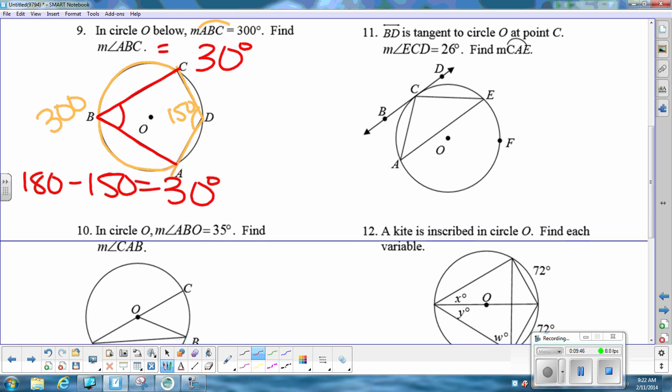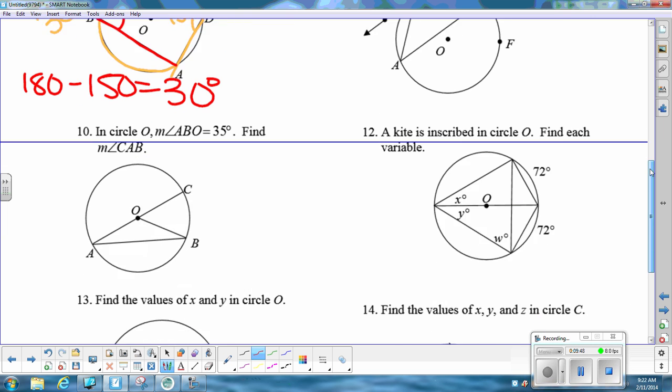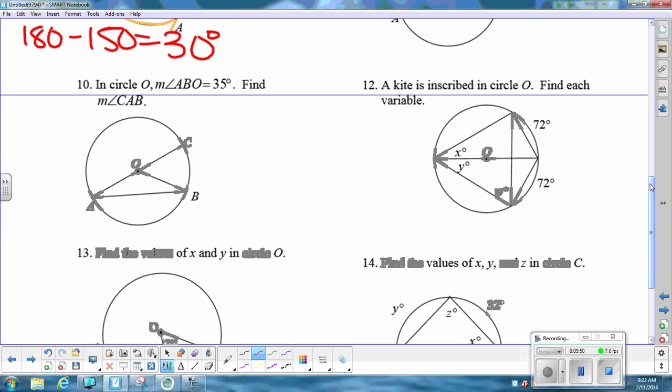Number 10, over here on the bottom, we know that ABO, this right here, is 35 degrees. Well, let's see. We're looking for this angle here. If we look at this triangle, we know these are both congruent because they're both radii of our circle. So that means our base angles are congruent, which means that CBA is also going to be 35 degrees.